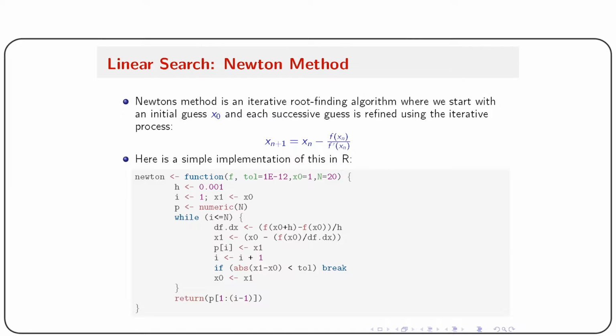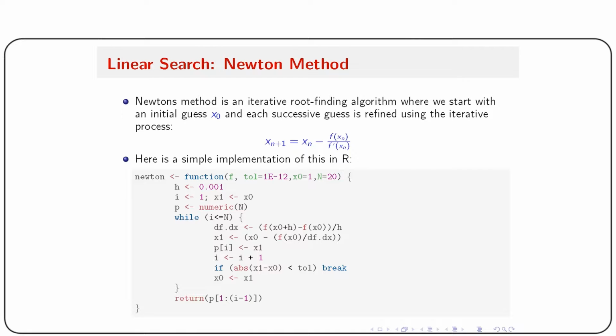Then we define a variable h equals 0.001, i equals 1, x1 equals x naught, and p equals numeric of n, and while i is less than or equal to n, we use a while loop.